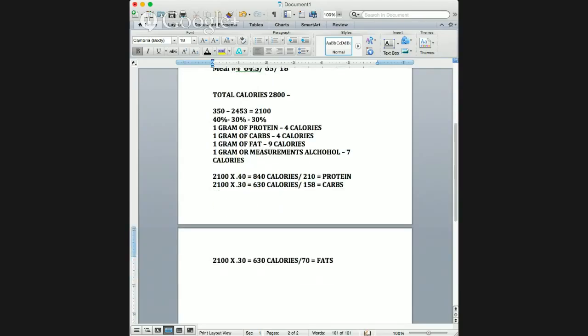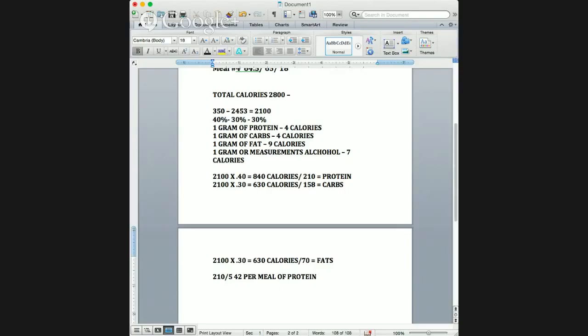Now again, all I would do is break this down over 3 meals, 5 meals, 6 meals, whatever you want to do. Very simple. All you then do is just divide those numbers. So if we were doing 210, divide by, let's say we're doing 5 meals, we'd have 42 grams per meal of protein.